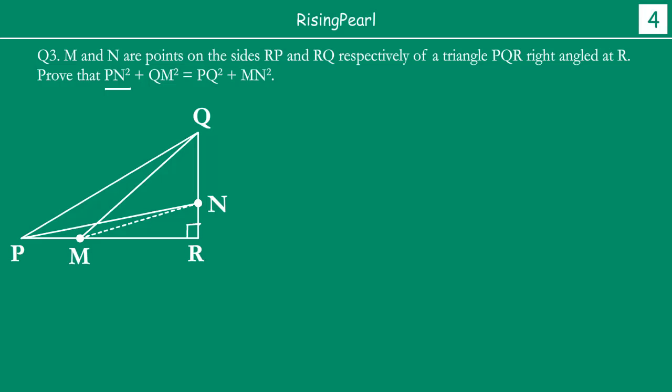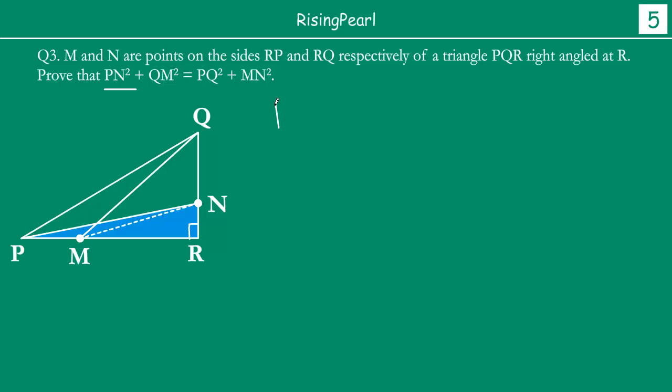So friends, now going back to our approach, since we have to apply PN square, and PN square is available in this right angle triangle PRN. Remember that this is 90 degrees. So PRN is a right angle triangle. So what is PN square?